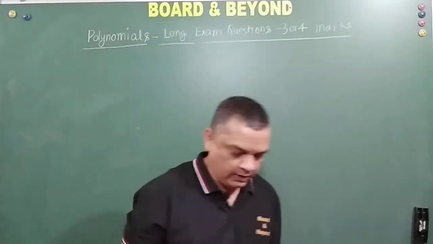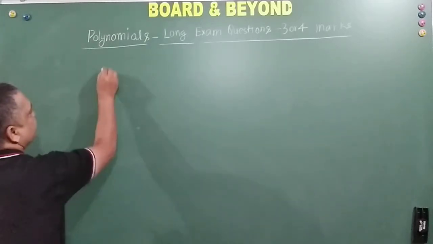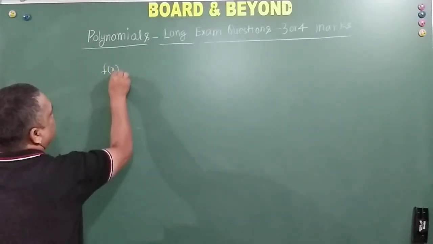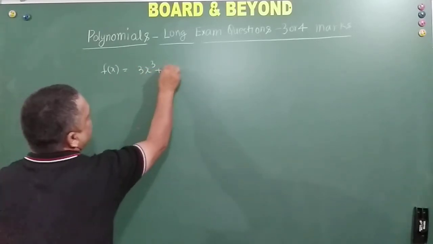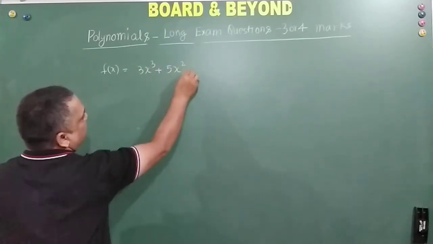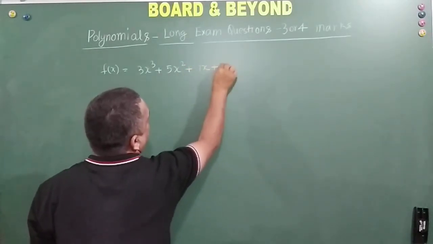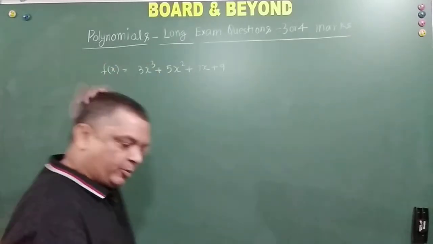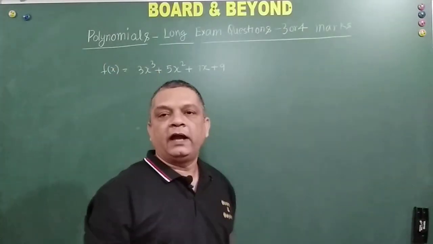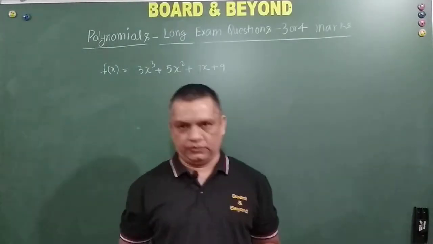For example, my friends, sometimes it is asked that if f of x is equal to, let us say, 3x cube plus 5x square plus 7x plus 9. This is a cubic polynomial which is given to you, and you are expected to find the sum of the reciprocal of the roots.